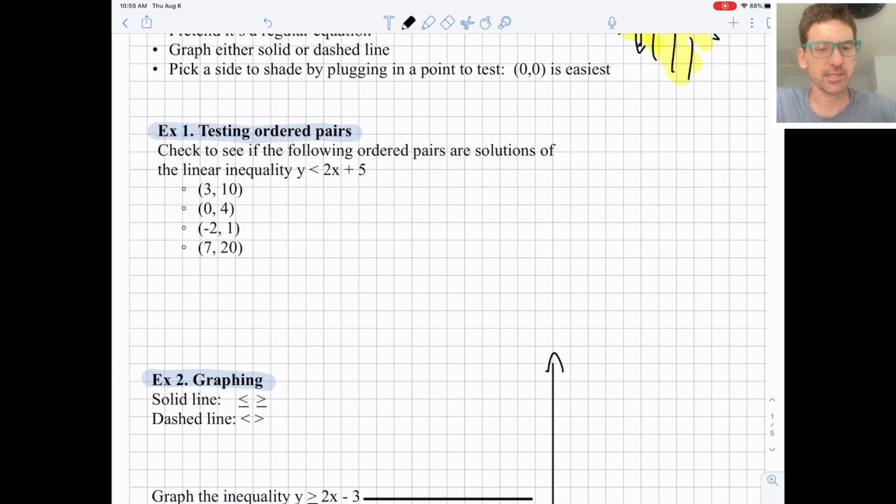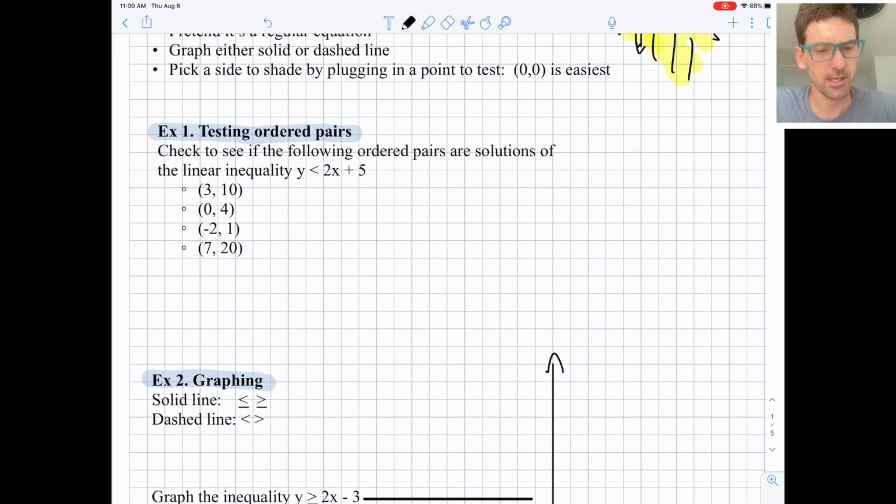First, as a little practice, let's check to see if the following ordered pairs are solutions of the linear inequality y is less than 2x plus 5. So first I'm just going to plug things in with a little question mark over my inequality symbol, and then we'll see how things work out. Is 10 less than 2 times 3 plus 5?